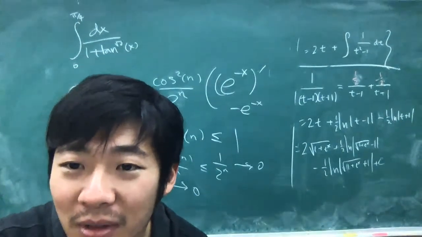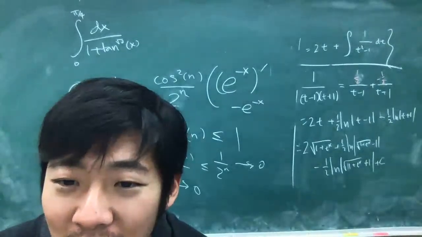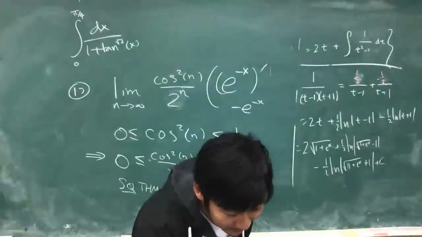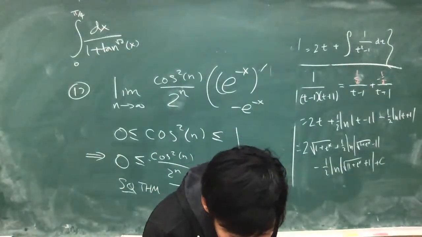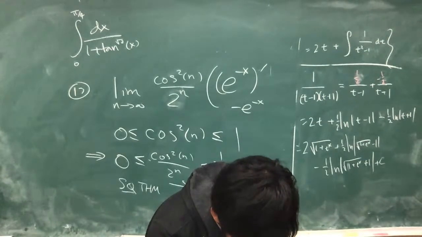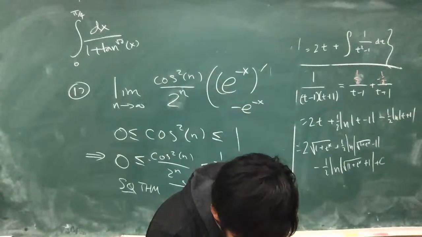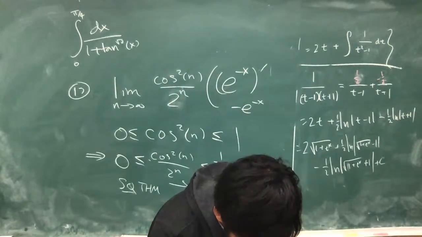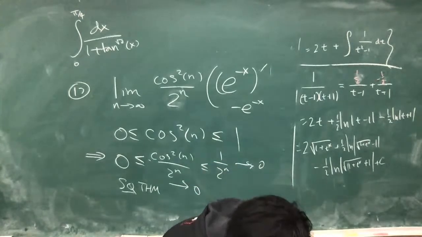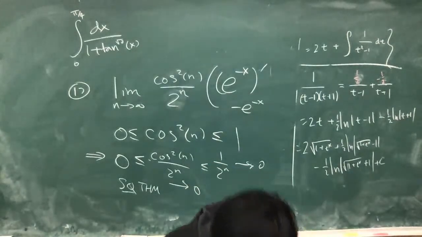Let's see, then what was the WeBWorK one? WeBWorK number 9, from assignment 5. Oh man, okay. Well, here goes nothing.